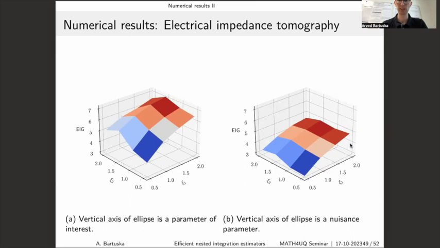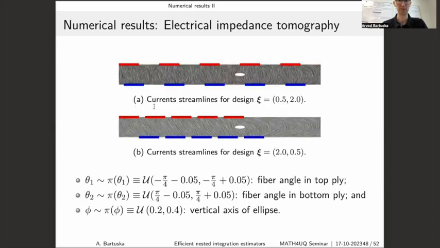If we only want to recover the fiber angles, basically the expected information gain does not depend on the distance between the electrodes, only on the shift. And this is kind of intuitive. If you want to recover the fiber angles and you have no shift between electrodes, then you don't really get to see it. But for recovering the axis of the ellipse, also the distance between electrodes matters.